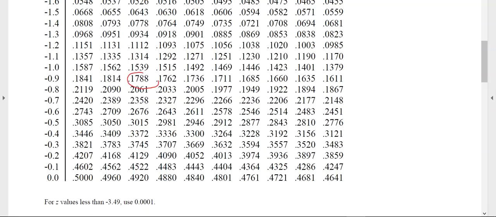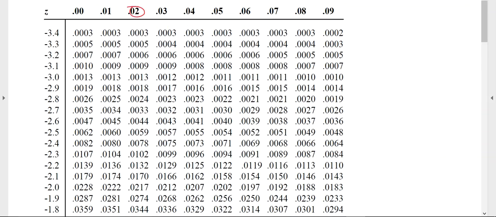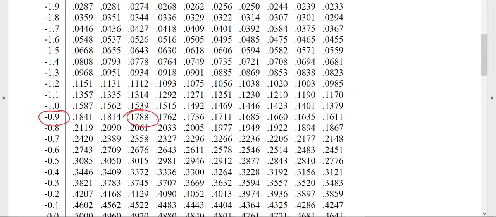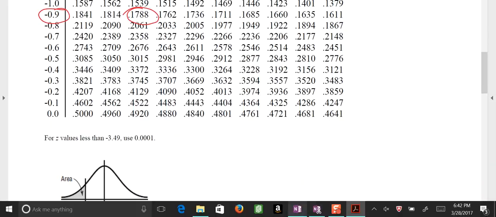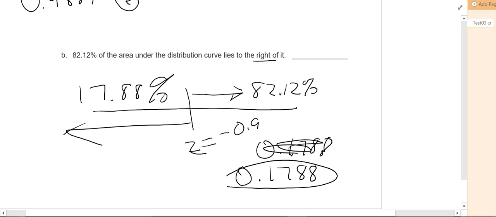There it is, 0.1788. So here's the number associated with it: minus 0.9, and the hundredths position is 2. So negative 0.92 is the answer. And there you go. Okay?